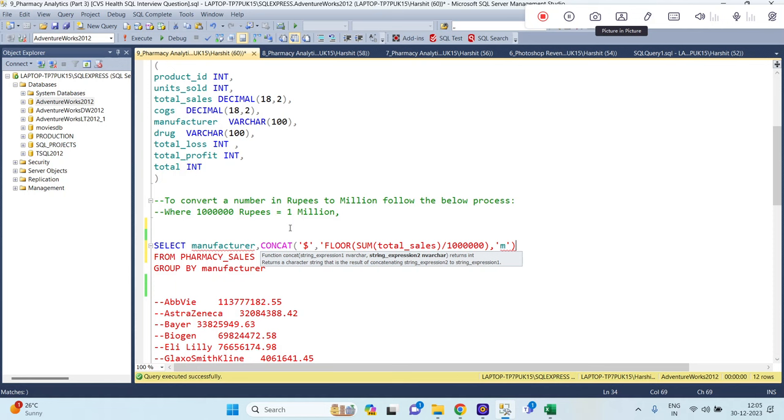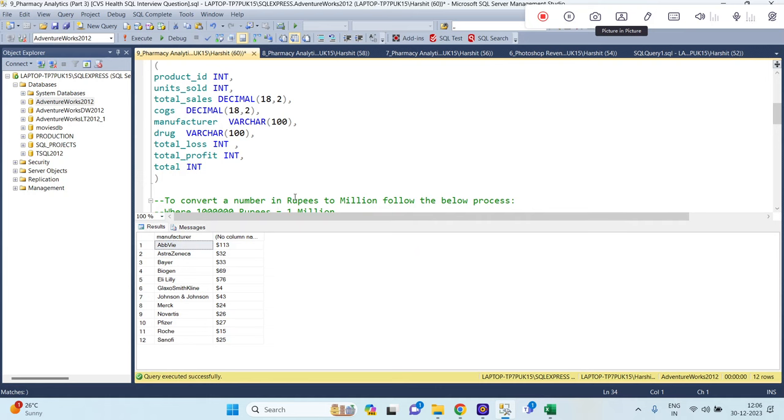Why is it giving error? Okay, concat dollar, comma, then we have to close this bracket. Now let me try.